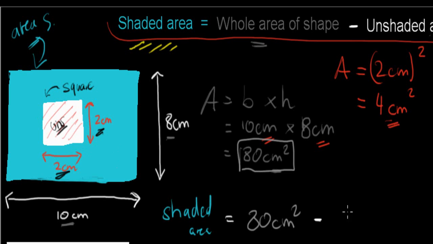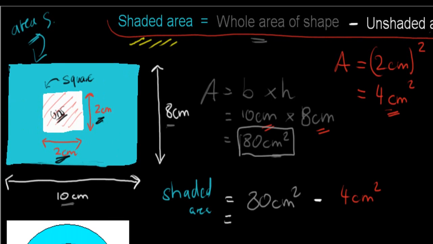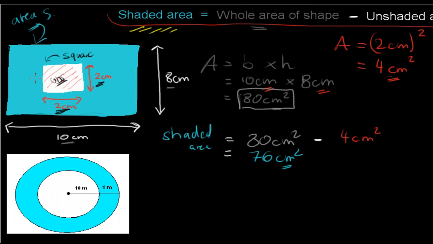So we take that away, and now we have just the shaded area, just the area in blue left. So that's going to be 76 centimeters squared. So that's how we get a shaded area. We start with the whole area, which is just the whole shape, and then we take away the unshaded area. Unshaded usually means in white, and then we get the shaded area.